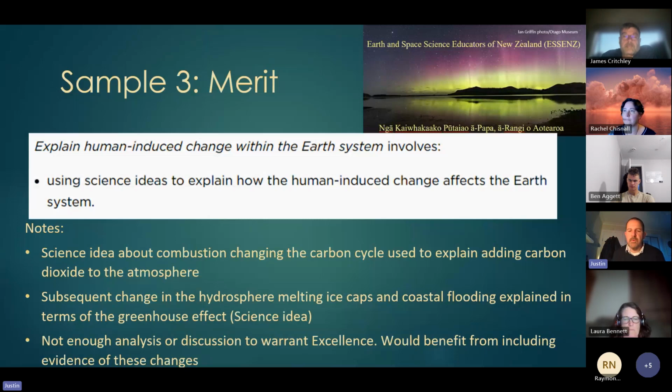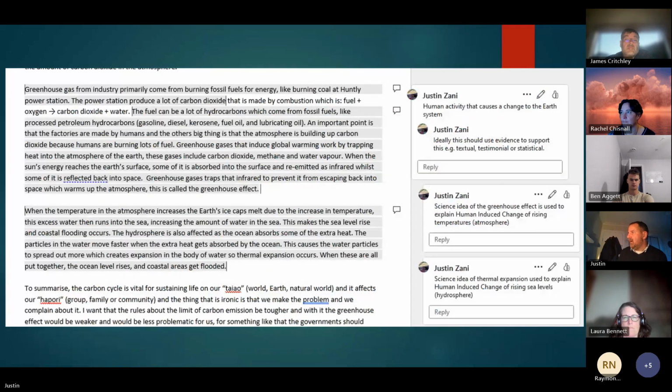So if we have a look at the screen, the presentation again. Science ideas about combustion changing the carbon cycle is used to explain adding carbon dioxide to the atmosphere. And there's a subsequent change in the hydrosphere of melting ice caps, coastal flooding, explaining the greenhouse effect. I don't think that's changed. If we have a look at the next one, this highlights where I think they've got some good merit points.